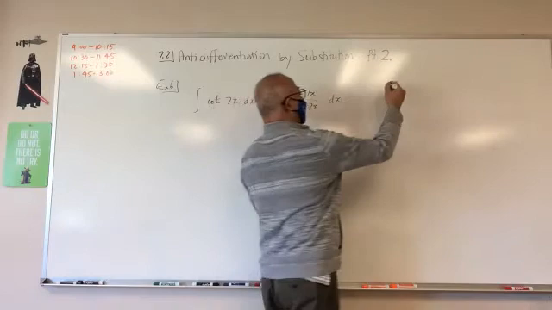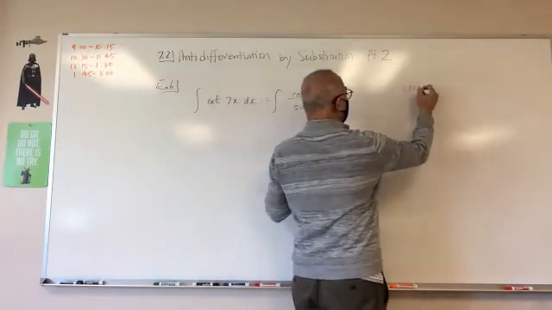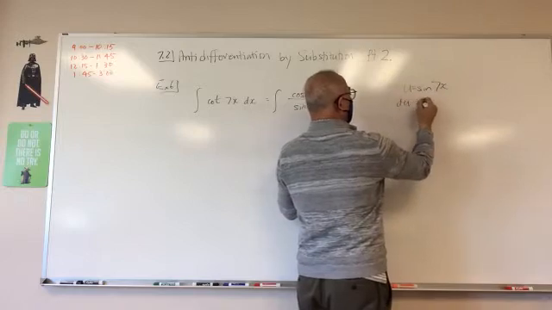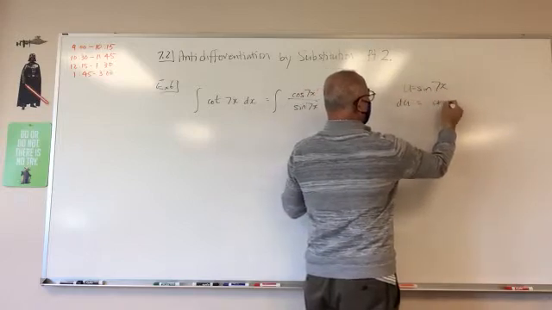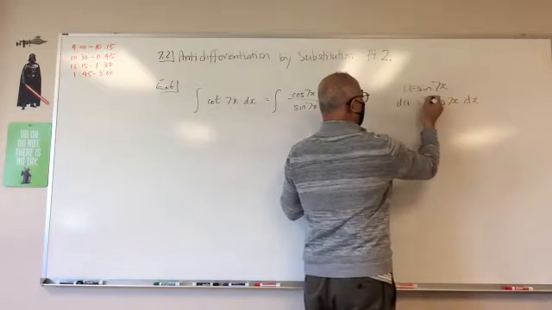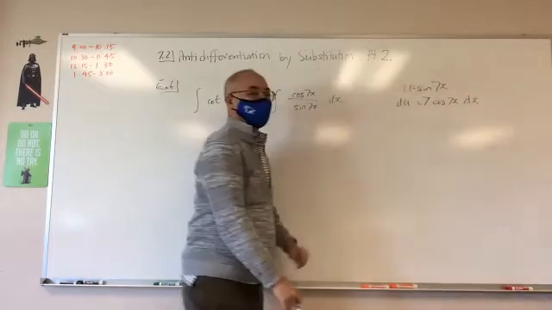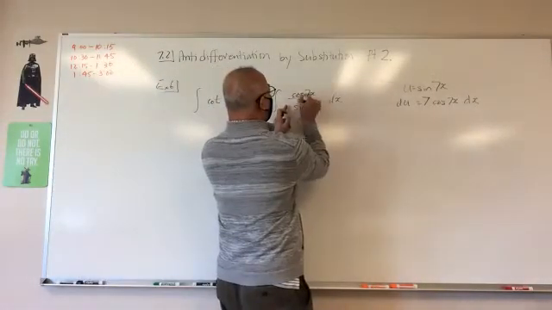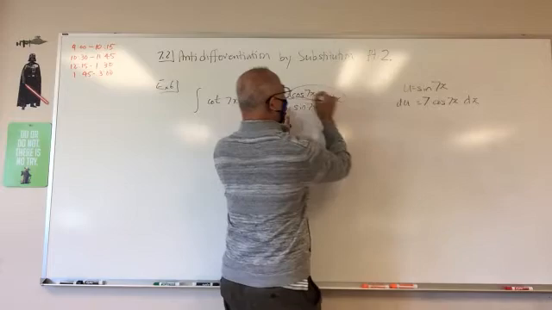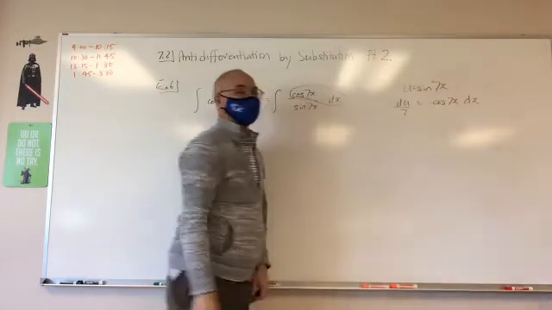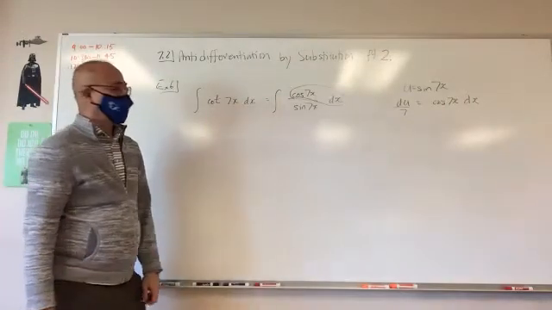So if I had u equal to sine of 7x, I take the derivative, I get du. This is going to be cosine 7x dx, but then I have to do the chain rule, so that shows up. So what do I got?